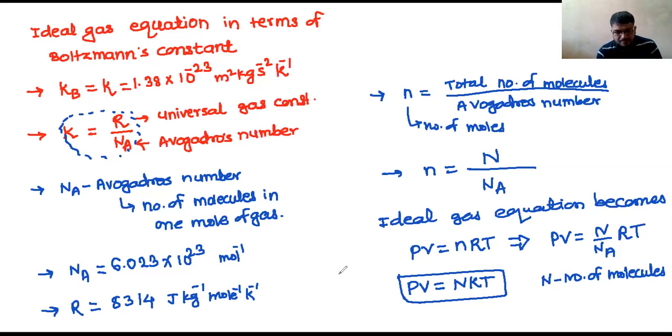Okay, got it. So keep these values in mind: Boltzmann constant 1.38 into 10 to the power of minus 23, Avogadro's number 6.023 into 10 to the power 23, and R is equal to 8314 joule per kg mole Kelvin.